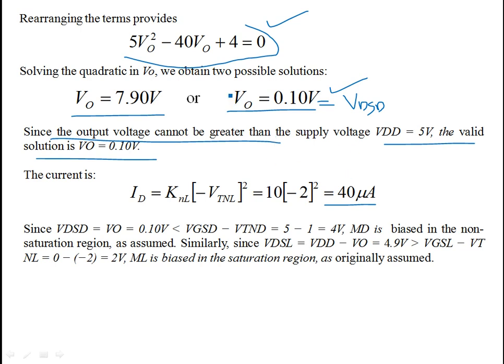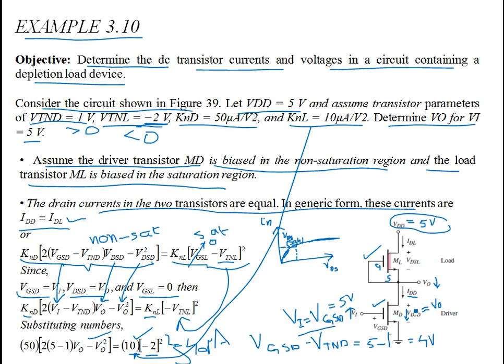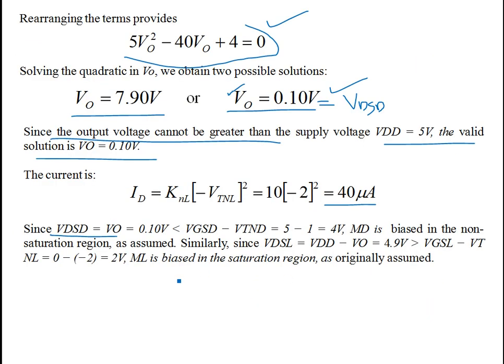Now, to see the validity of this, since VDSD is V naught, and this is 0.1, it is less than the overdrive voltage VGSD minus VTND, which is 4 volts, right? This defines your VDSD sat.